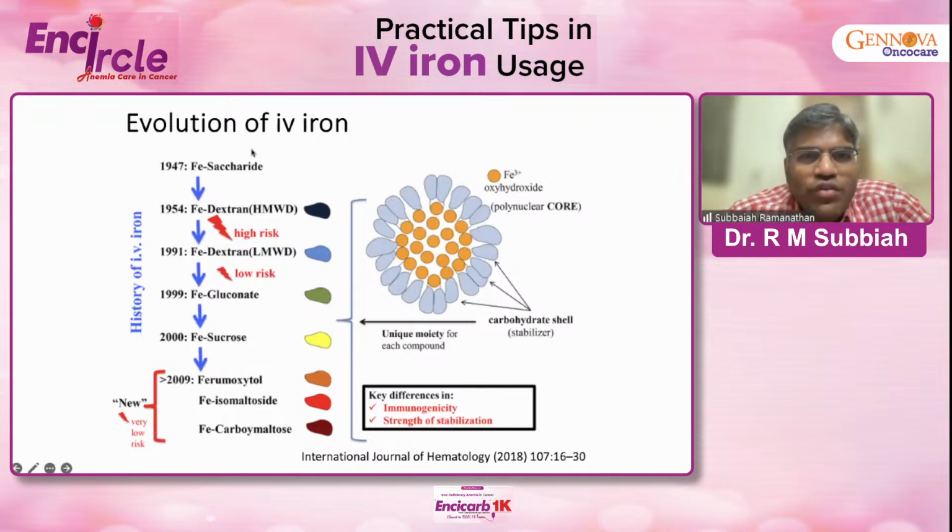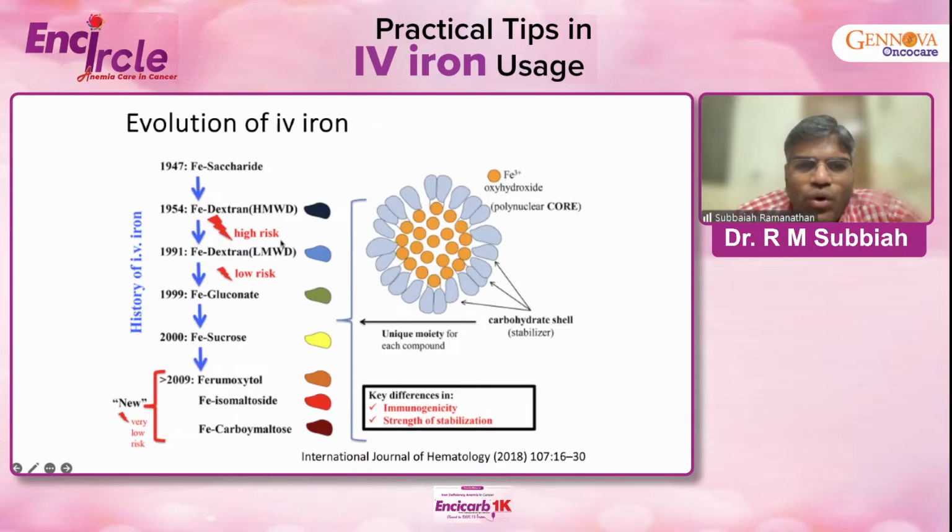If you see the evolution of IV iron, it's so fascinating. Initially, the earlier molecules had a carbohydrate shell, which was large, incorporating the iron. So the larger the shell, there's a higher chance of immunogenicity and reactions.